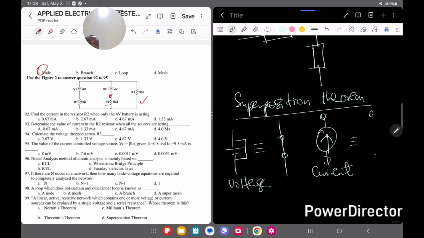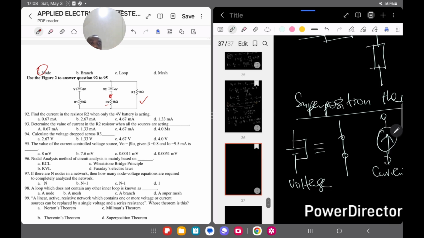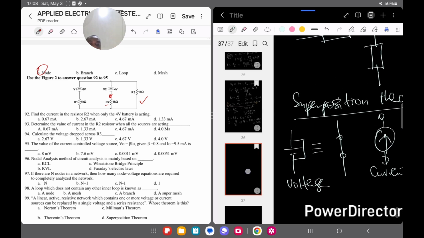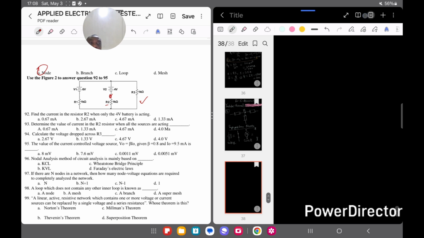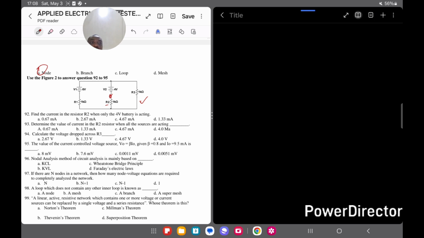You remove the current source, and by doing so you now have an open circuit. With the open circuit, the resistance is at infinity, so you get a current of 0. So these are the two techniques we'll be using. Let's continue with this idea.